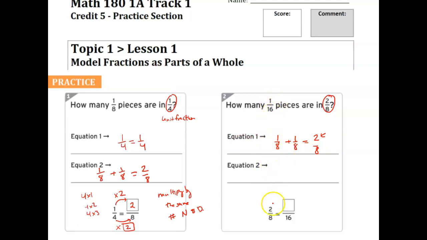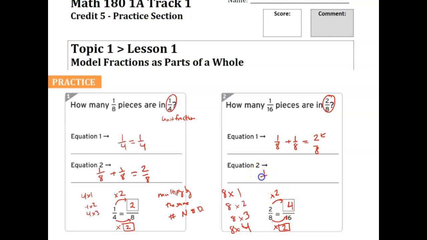Now for 1/16, again, 8 times what gets you 16? Would that be 8 times 1, 8 times 2, 8 times 3, or 8 times 4? 8 times 2, so that would be 2 times 2, which is what? 4.